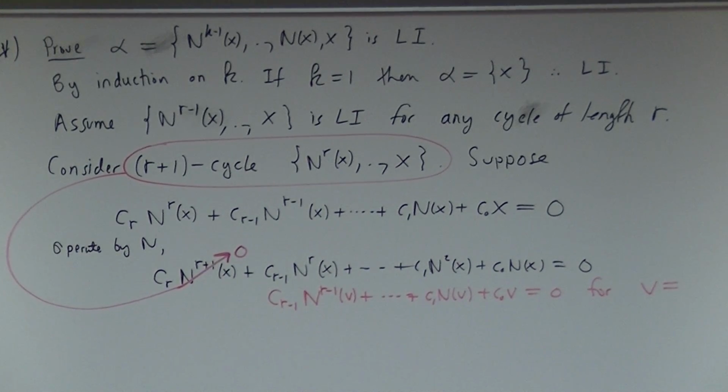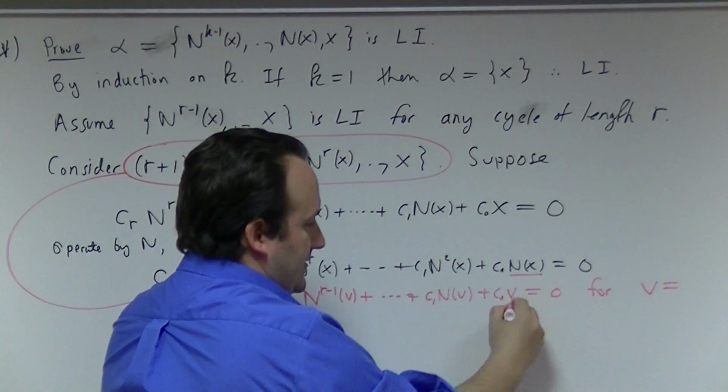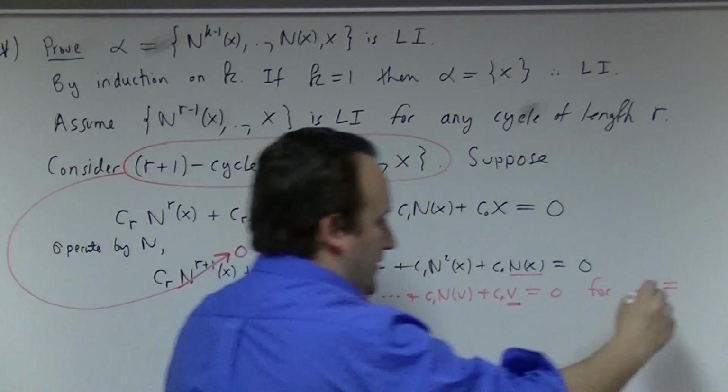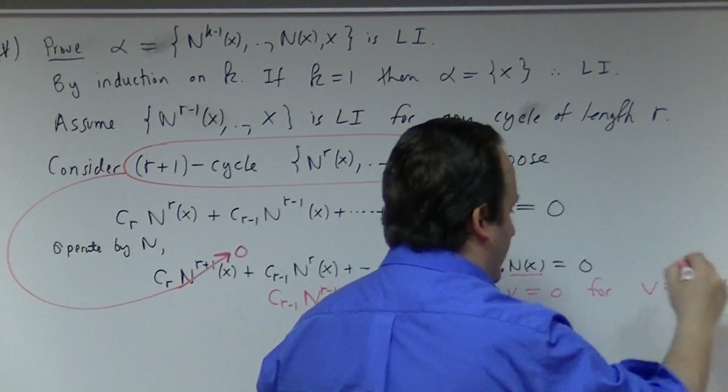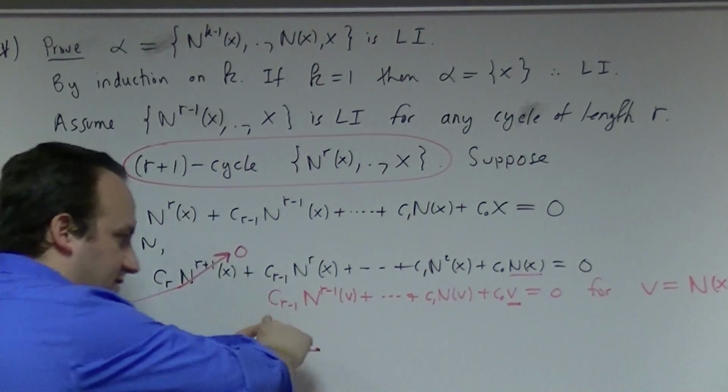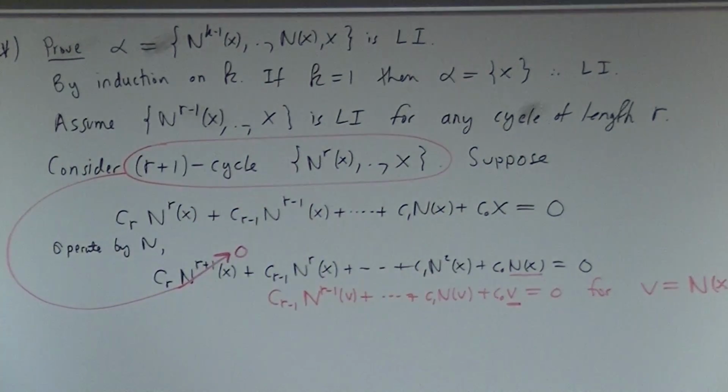It's easiest to see from the last one. v is nx. But what do we know about the thing that I just wrote in red? It's a linear combination set equal to 0, not of an r plus 1 cycle, but of an r cycle.